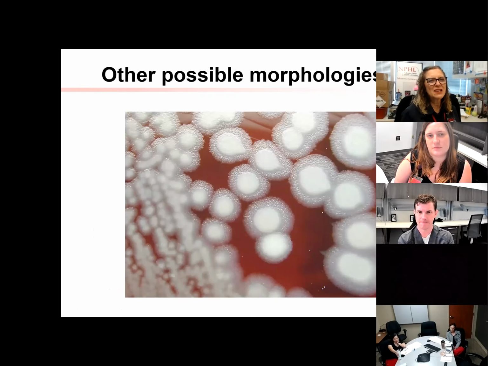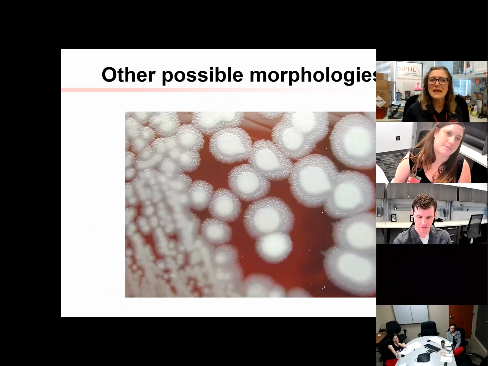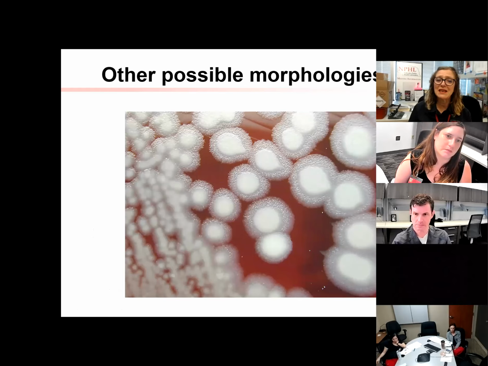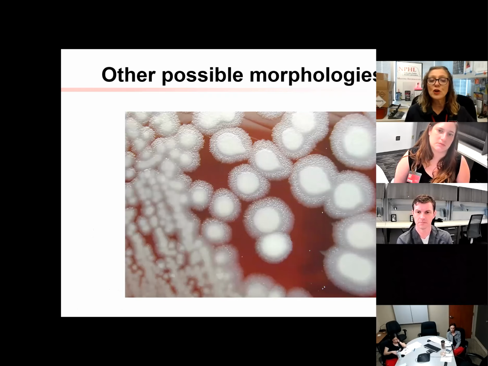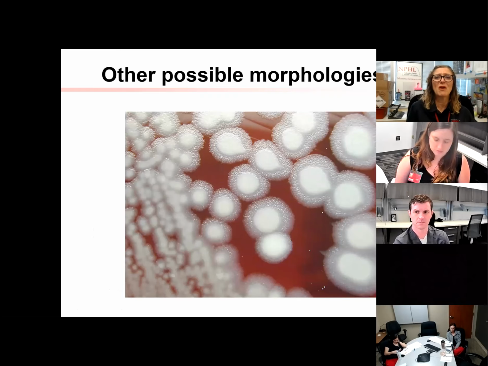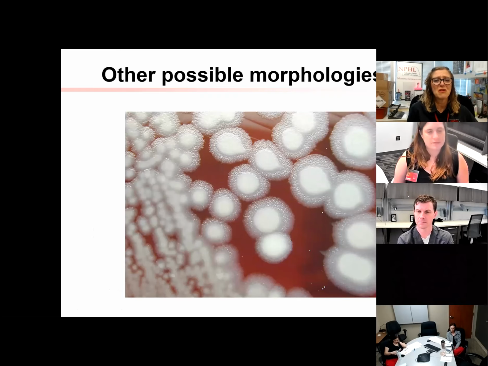So other things that could be misinforming is the fact that Bacillus anthracis can look different sometimes. It just depends upon the age at which you look at it. Maybe either very young or much older, it starts to deform. It just doesn't look like what you're hoping.